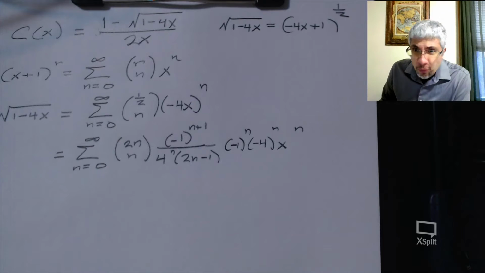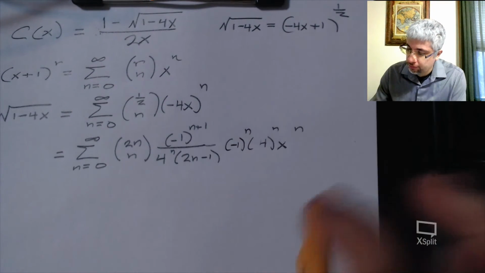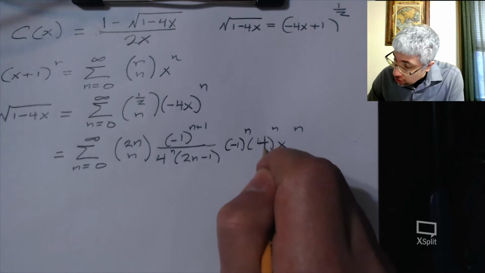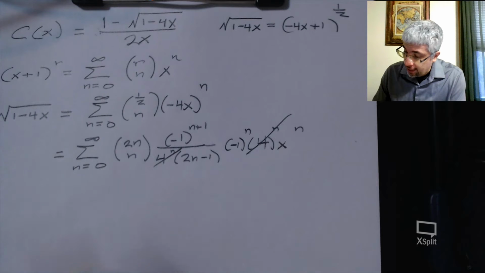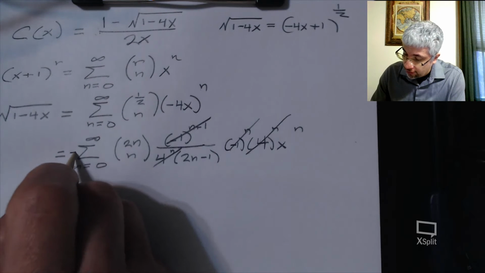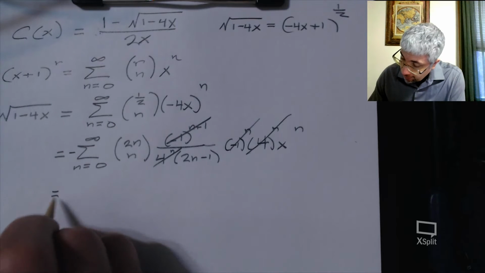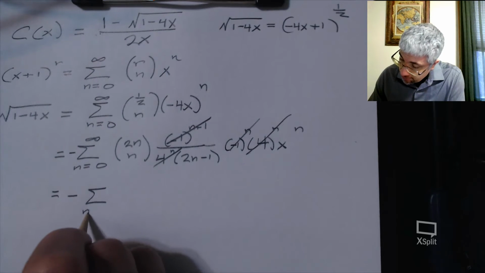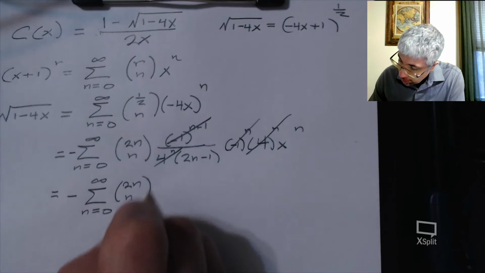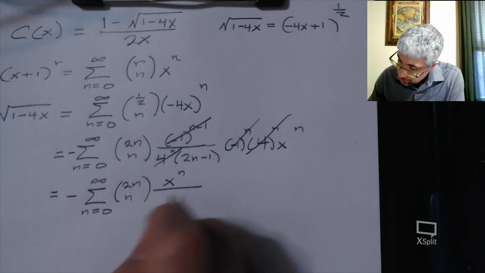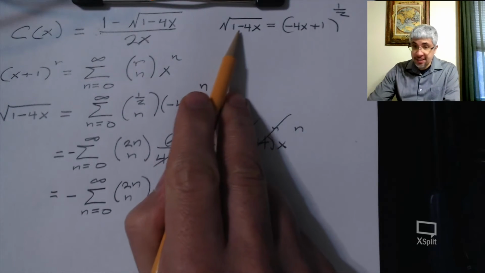Okay, well, what does that allow me? Oh, positive 4 to the n. Sorry, I split off the minus 1 already. Okay, so what does that allow me to do? Well, it allows me to cancel this if I make it a negative. So now I have the negative of this sum, but that's just this piece.